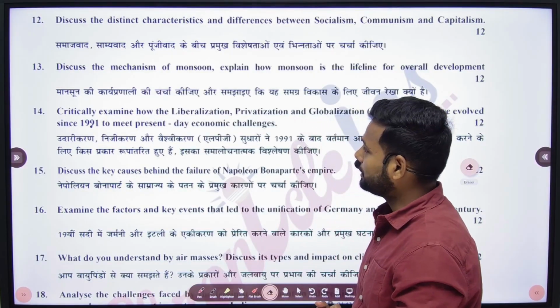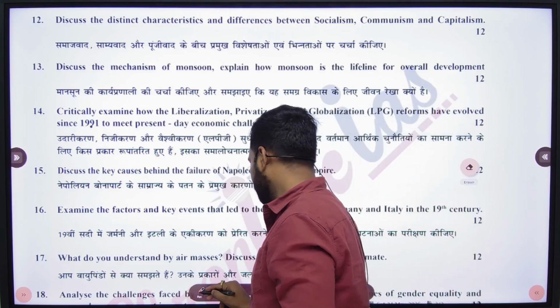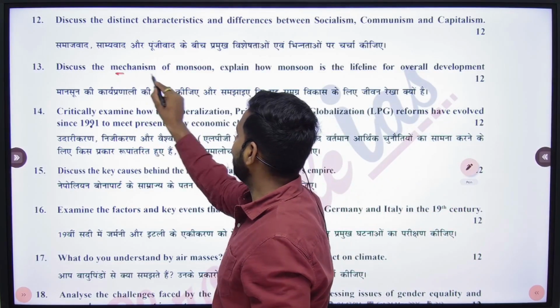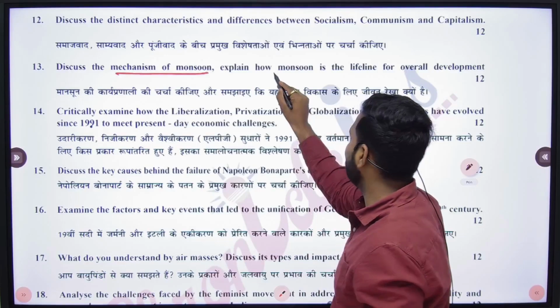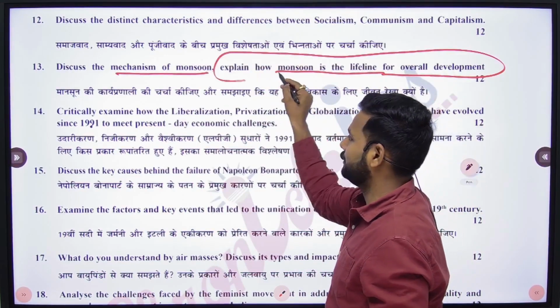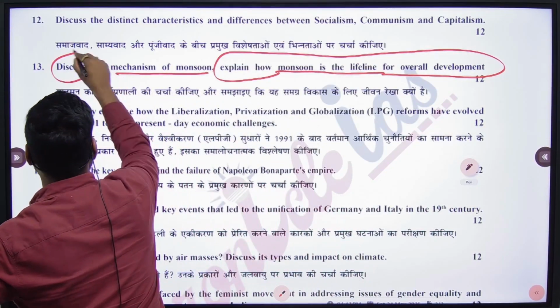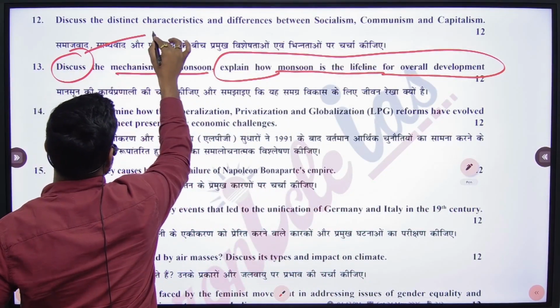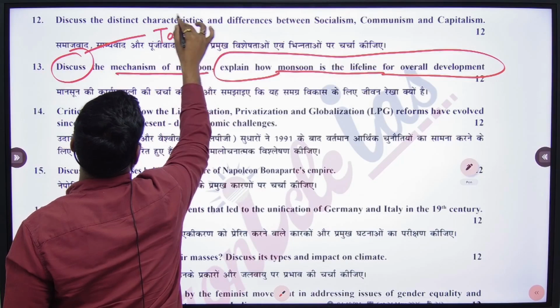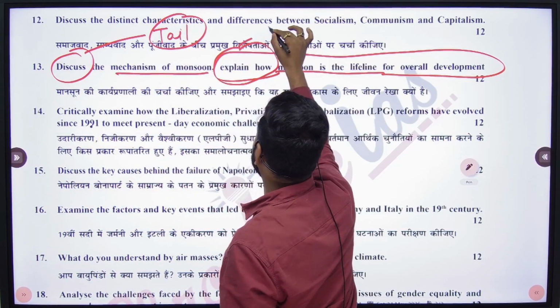We are going to discuss the next question. Discuss the mechanism of monsoon. Explain how monsoon is the lifeline for overall development. In this question, firstly we are going to find out the tail words: discuss, and explain how, the other tail word.